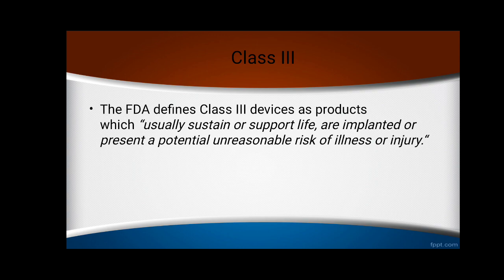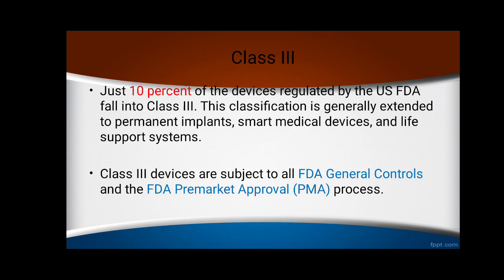Class 3. The FDA defines Class 3 devices as products which usually sustain or support life, are implanted, or present a potential unreasonable risk of illness or injury. Just 10% of the devices regulated by the US FDA fall into Class 3. This classification is generally extended to permanent implants, smart medical devices, and life support systems.